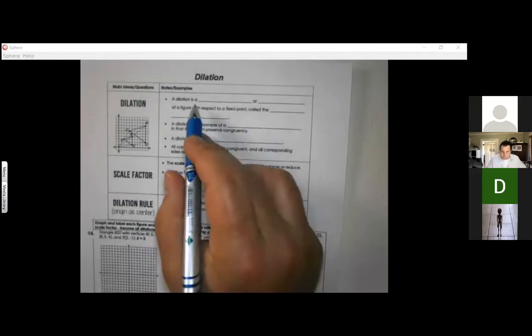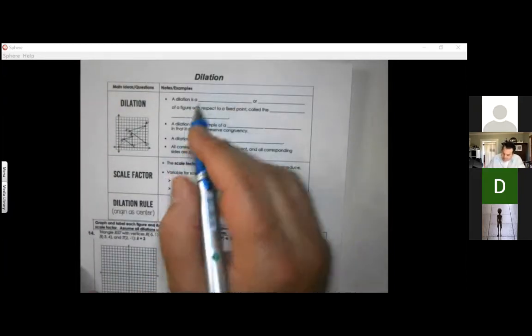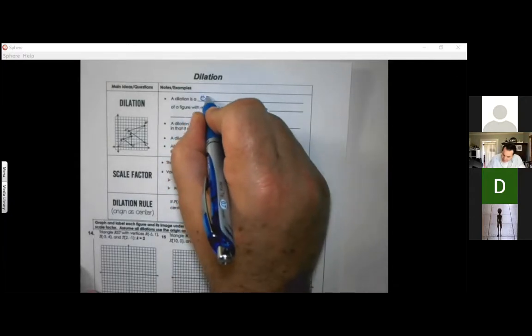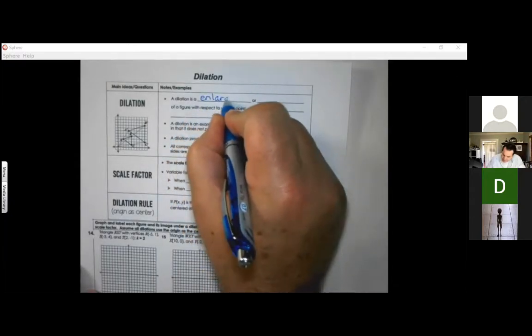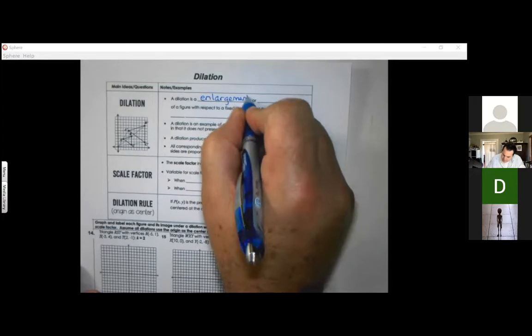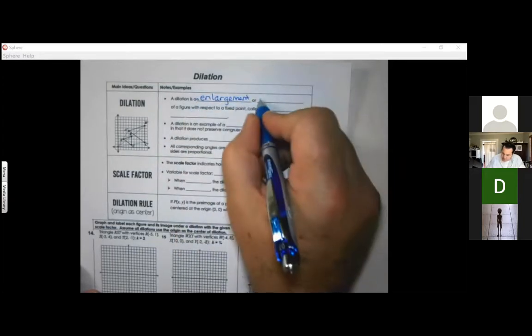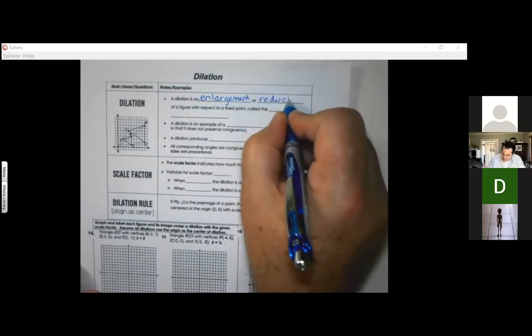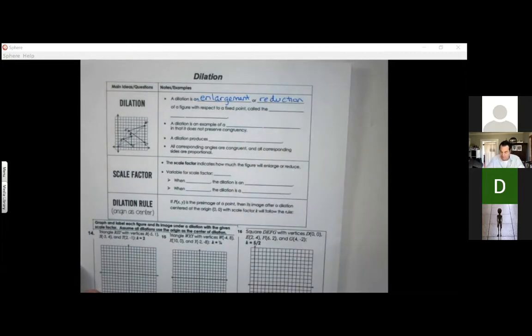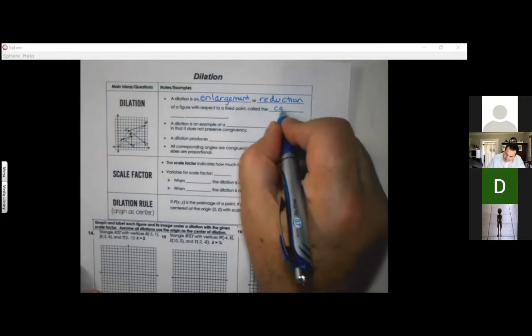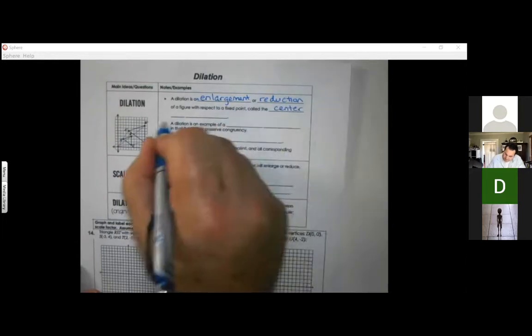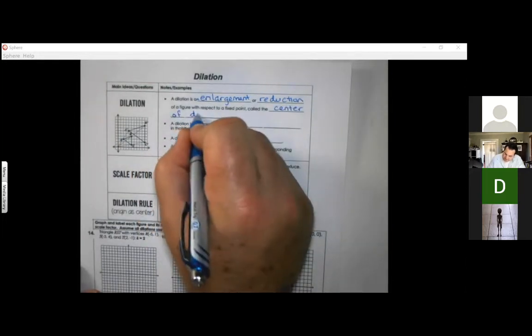So a dilation is an enlargement, or reduction, of a figure with respect to a fixed point called the center of dilation.